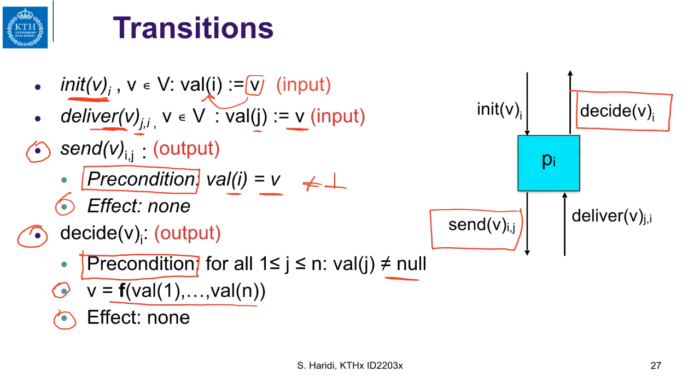The changes of state happen from interaction with the network or interaction with the environment. So this ends the description of two automata. One is the process automaton, the other is the channel automaton, and by having these subscripts we can connect things together. So now, given that we put these things together, what is an execution of this system?